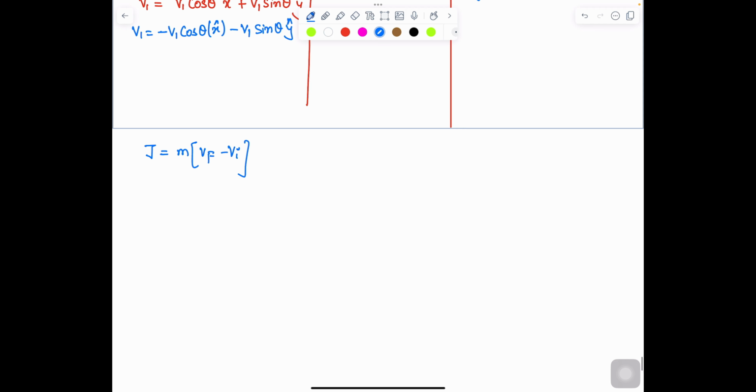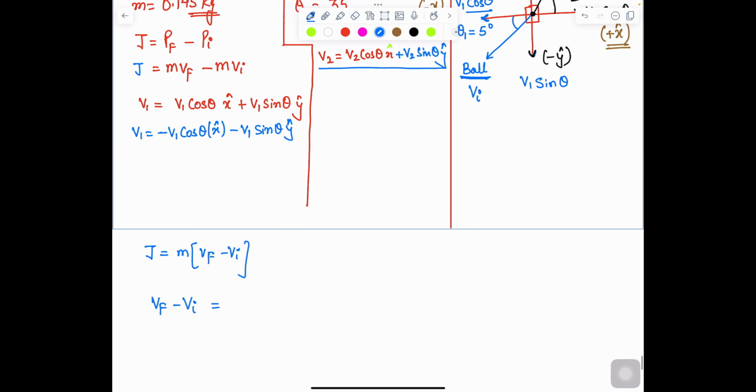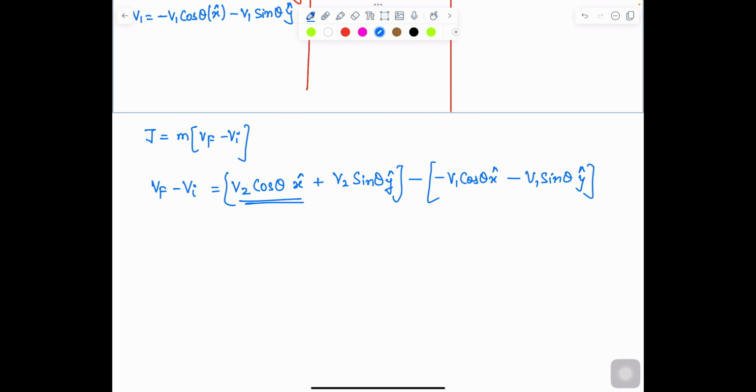Now Vf minus Vi is equal to V2 cos theta x cap plus V2 sine theta y cap, bracket, minus V1 cos theta x cap minus V1 sine theta y cap. Solve them, x with x, y with y.